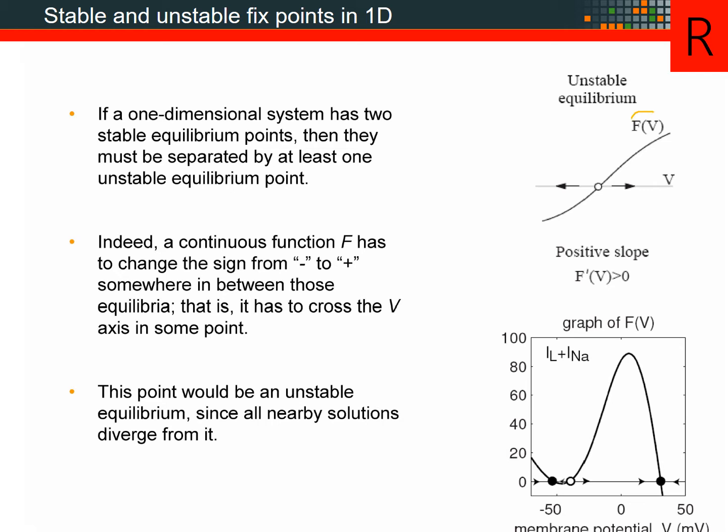Because we know that f of v usually is smooth, we can directly infer from that in a one-dimensional system, two stable equilibrium points have to have an unstable equilibrium point in between, just simply based on the fact that once you had a positive slope and another positive slope, it needs to be intersected with a negative slope. Or if you have two negative slopes and zero crossings, then in between there has to be a positive slope at a zero crossing.